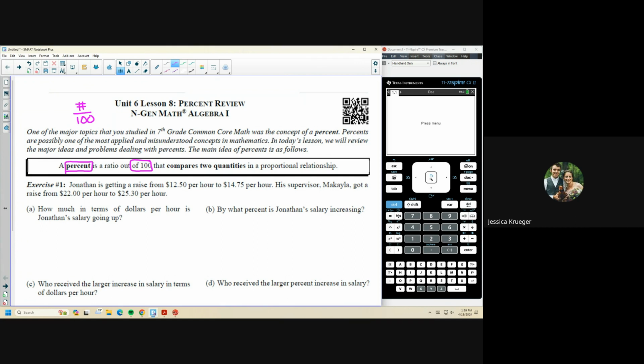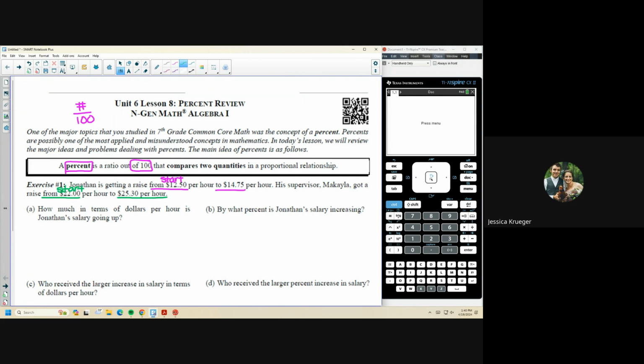So exercise 1 talks about Jonathan and Michaela and them getting some raises at their work. Jonathan's getting a raise from $12.50, so this was where he started, to $14.75. His supervisor, Michaela, is getting a raise from $22, so that's where she started, to $25.30.